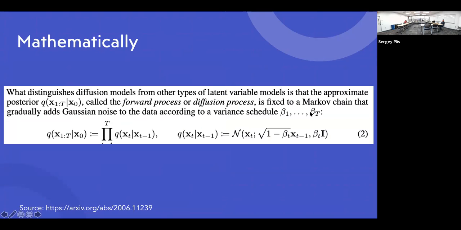First of all, the forward process looks like this, where you recursively multiply, predicting x_t using x_{t-1}, which is the joint distribution of those noisy samples. The way you do that is using a normal distribution, where the Gaussian noise is added according to a variance schedule, beta_1 until beta_T.